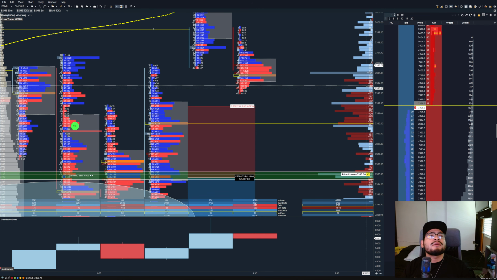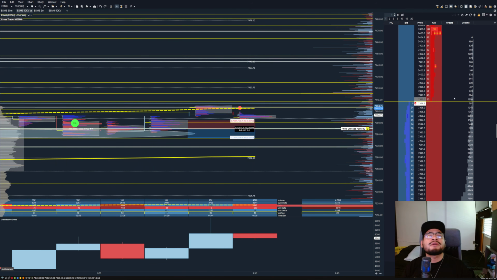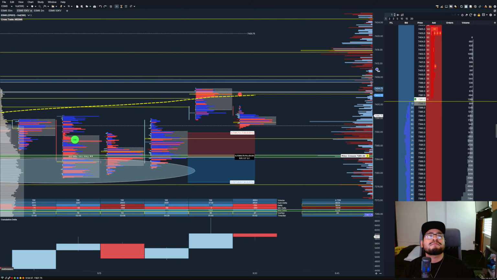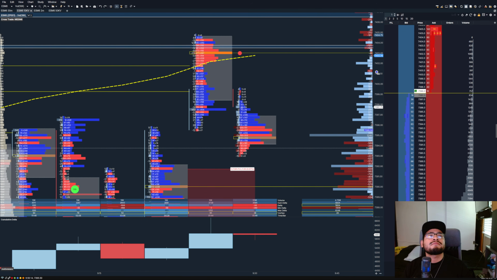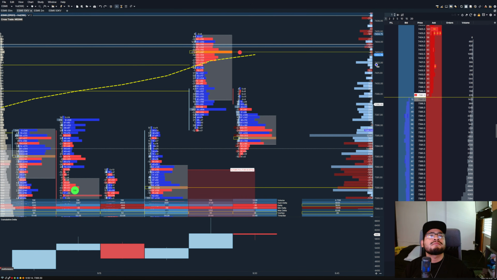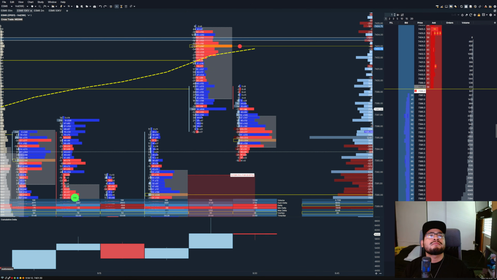Okay, here we have some zero prints above. We do have one single print at the high, a point or two away from where we are now.